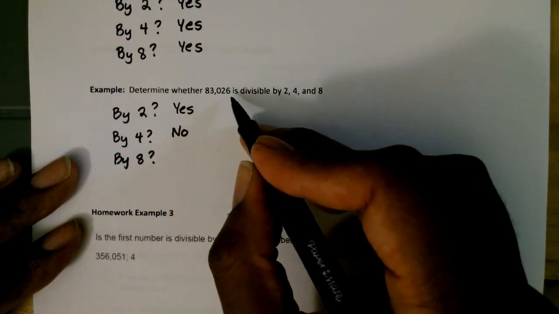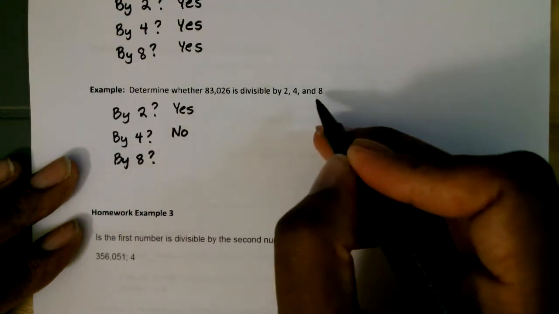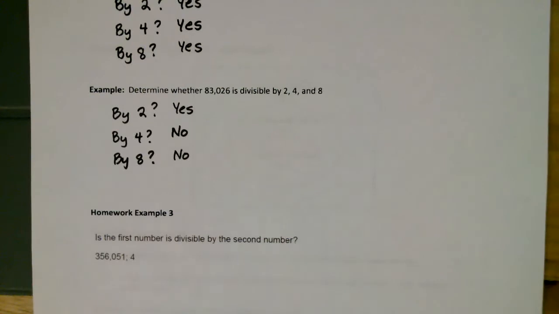Well, the last 3 digits is 026. Well, that's 26. And again, that's not divisible by 8 either. So that's a no there. So this number is only divisible by 2, but not by 4, nor by 8.